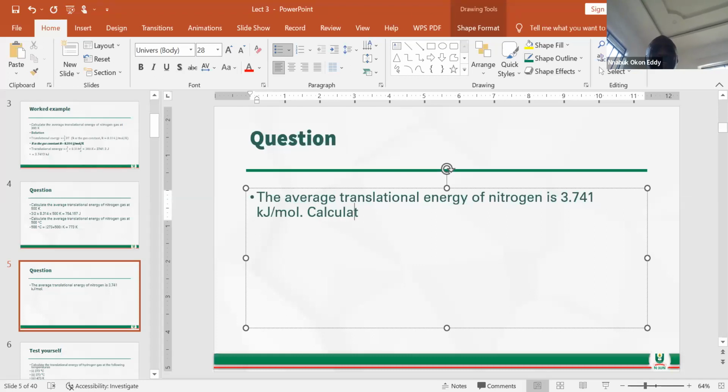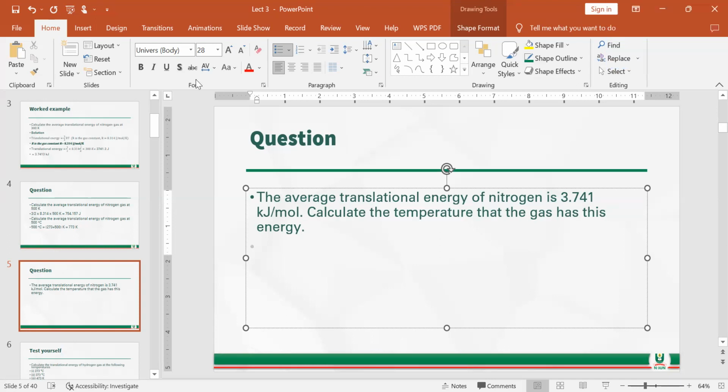Calculate the temperature at which the gas has this energy. Can somebody try? Can you explain how you can calculate this kind of problem? You can try. After trying, we'll see if you really have the answer.